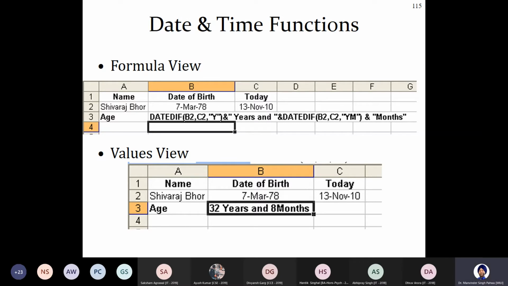Vishrat, very good. Hardik. Vishrat, you have done it, na? Yes, sir.